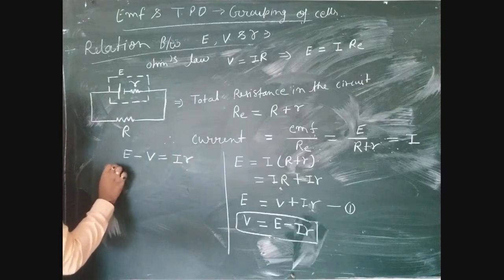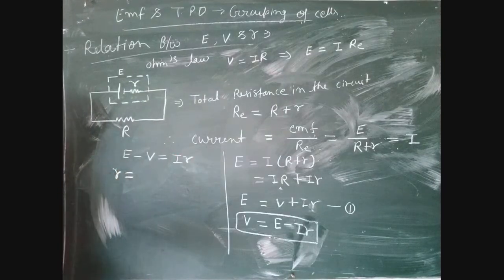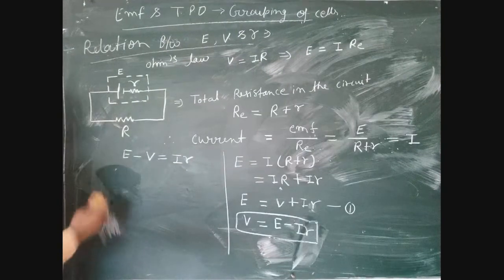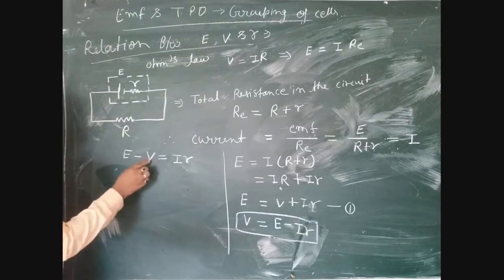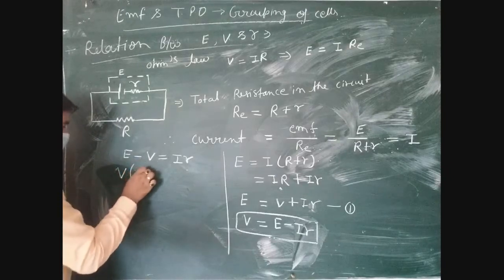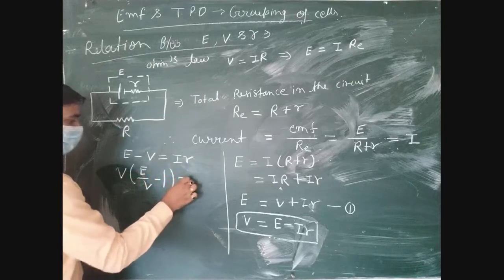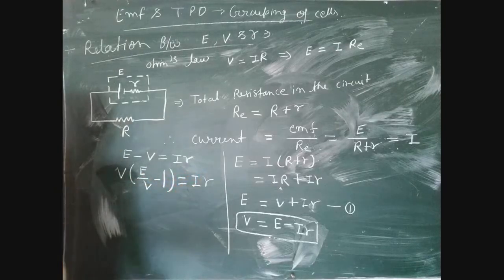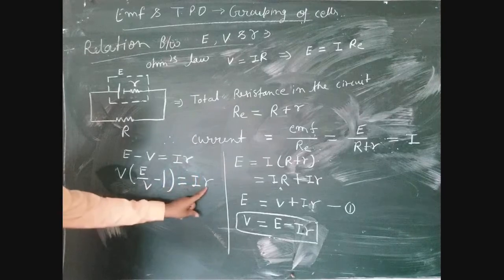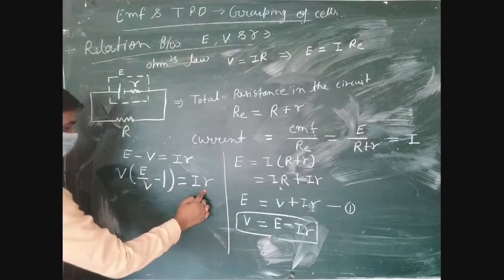Taking V as common, we get E upon V minus 1 equal to Ir over V. We need to derive the equation for the value of internal resistance.